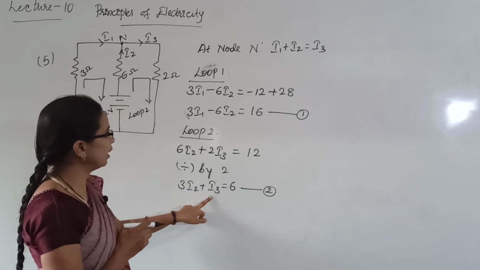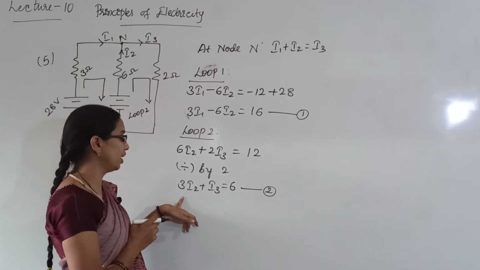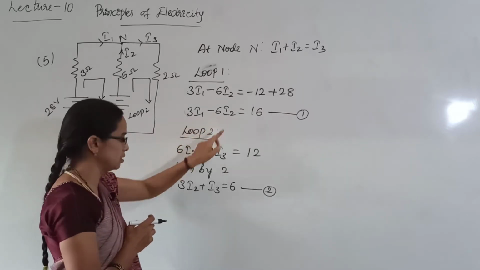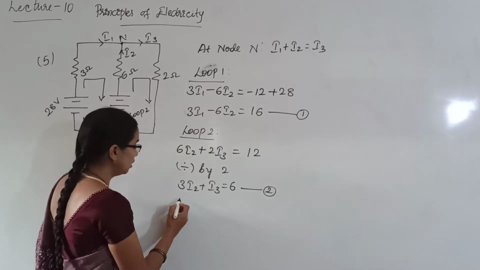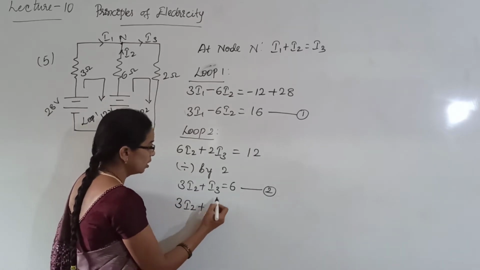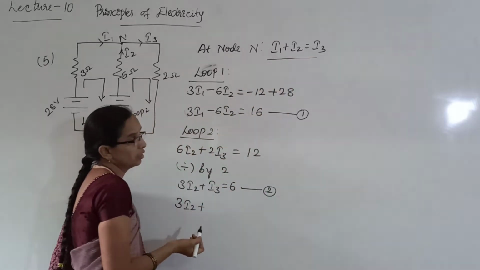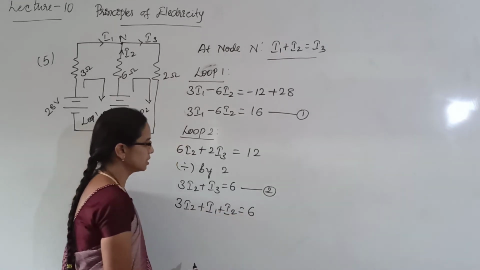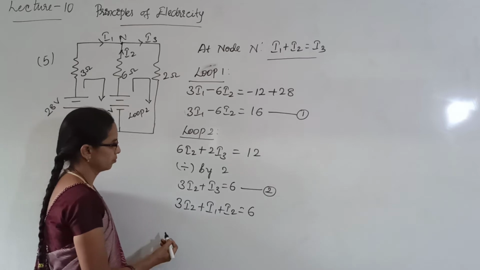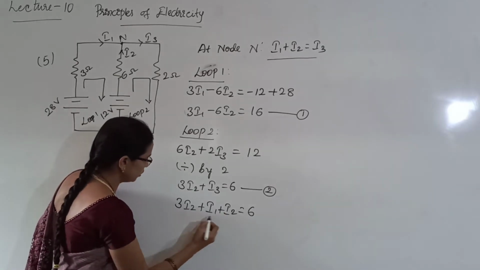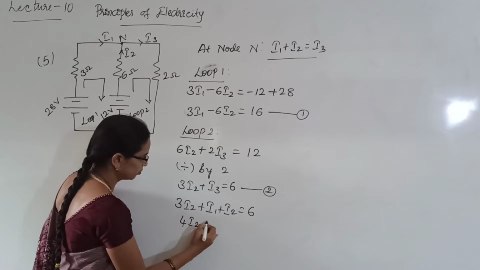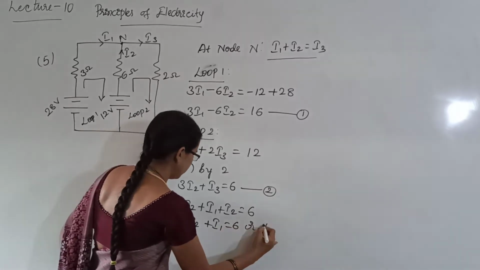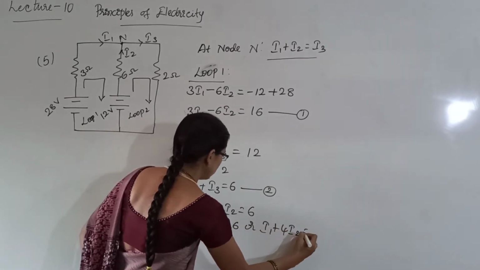Now, I will make this expression in terms of I1 and I2, because in the first equation we also have I1 and I2 as the variables. So, I will substitute for I3, according to this equation, I3 is equal to I1 plus I2. Then 3I2 plus I1 plus I2 is equal to 6, 3 plus 1, 4I2 plus I1 is equal to 6, or it can be written as I1 plus 4I2 is equal to 6.